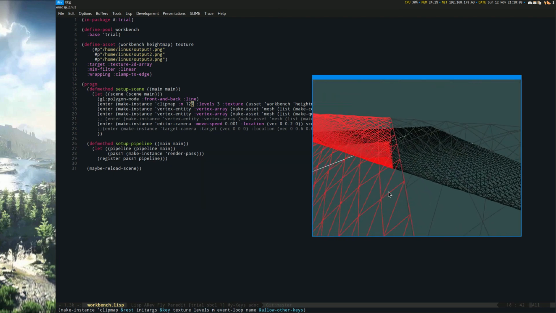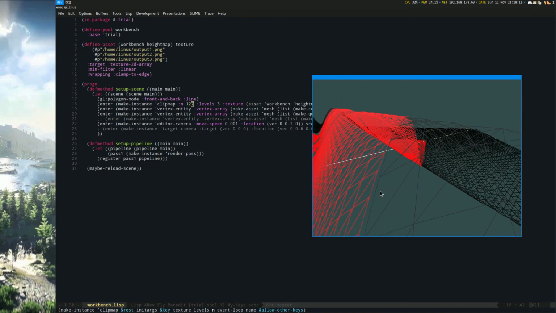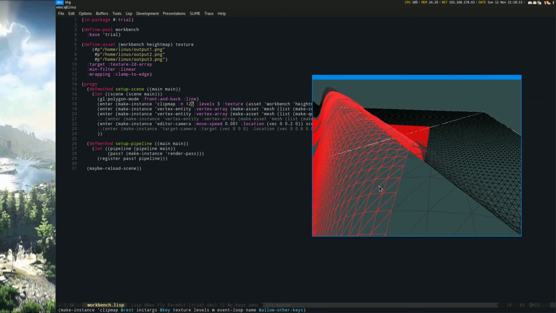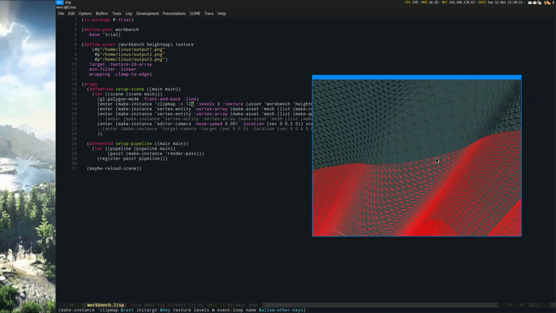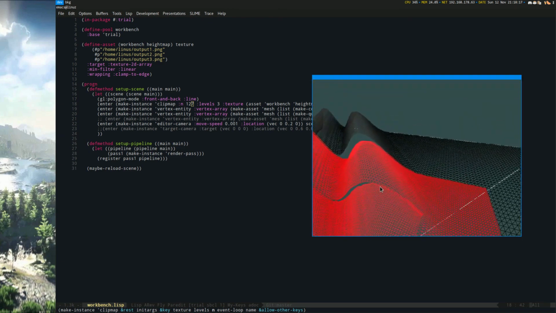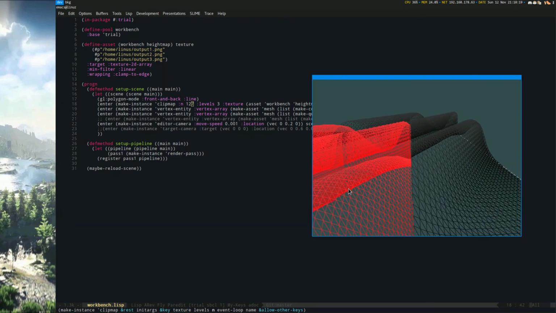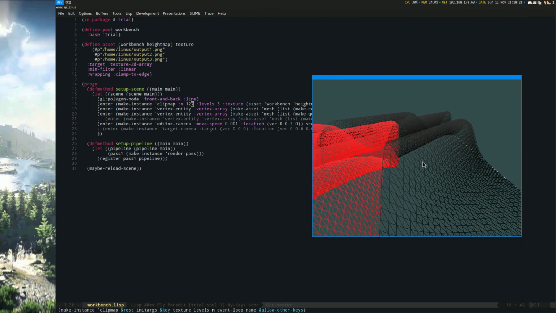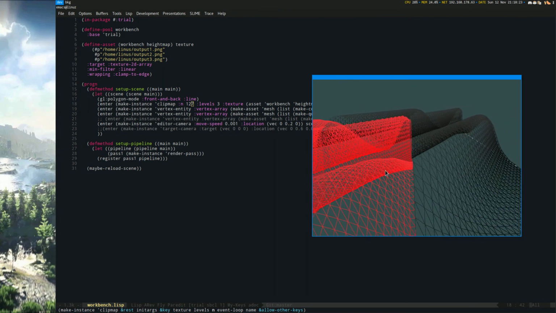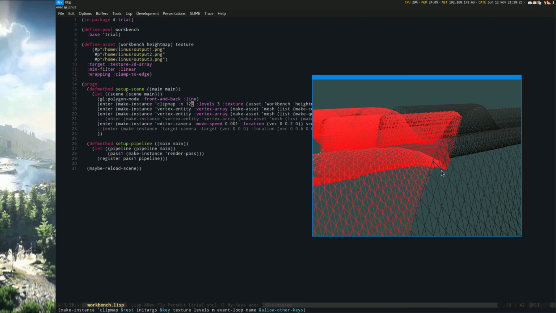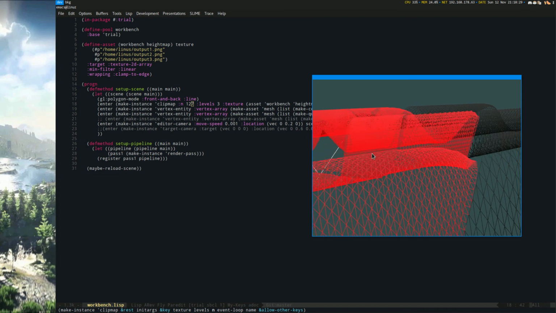Because the falloff is this here. Why is it making such a dent downwards here? That makes no sense.